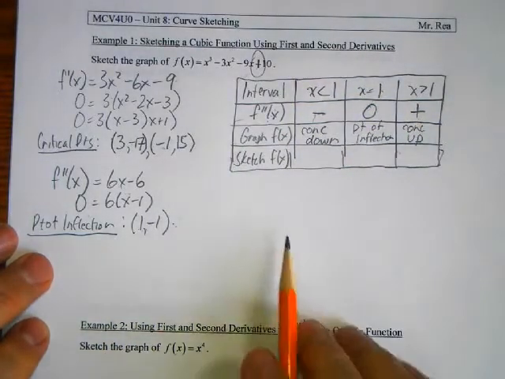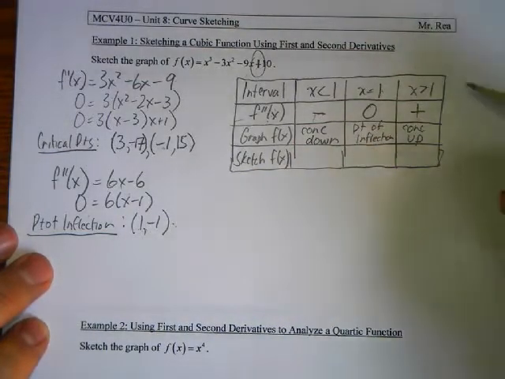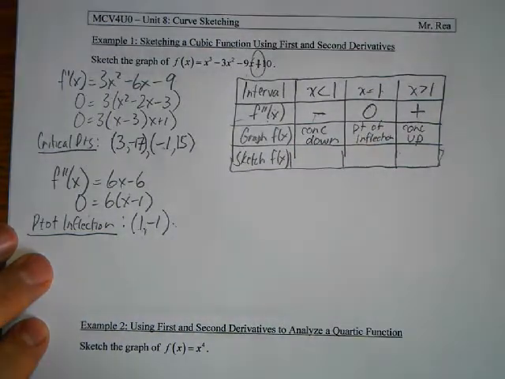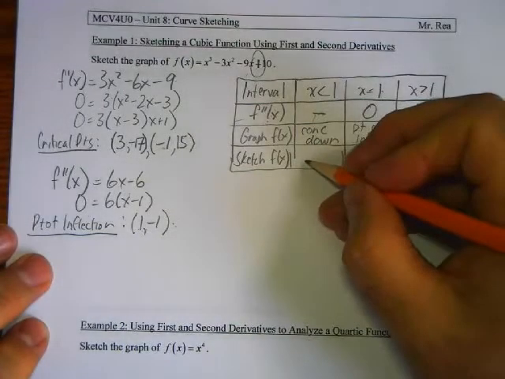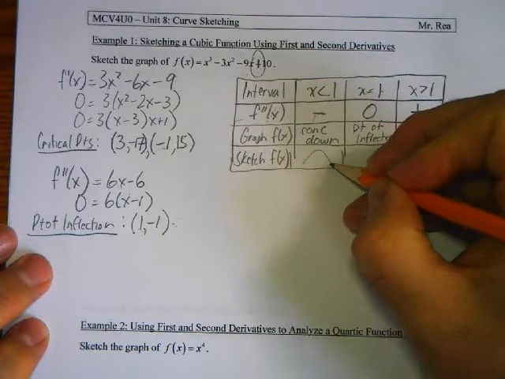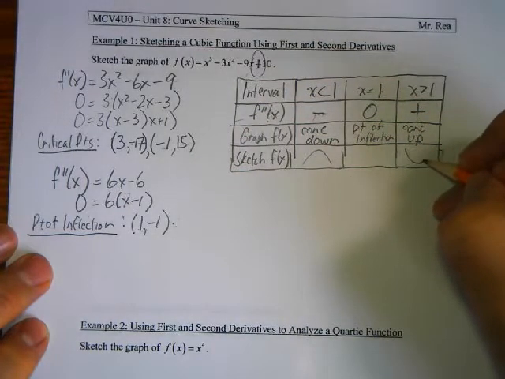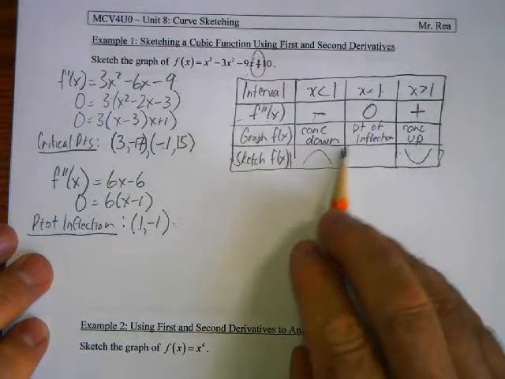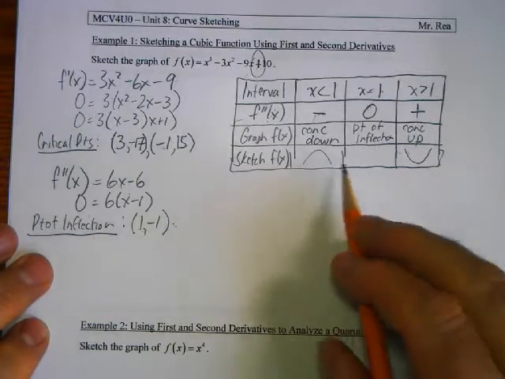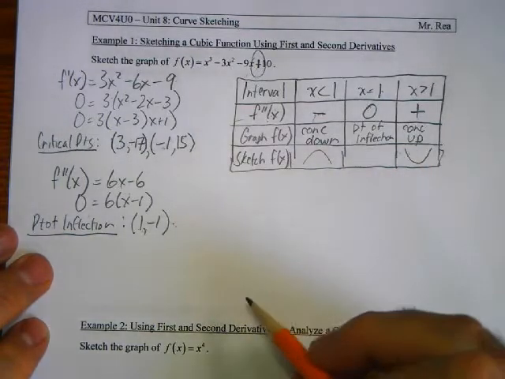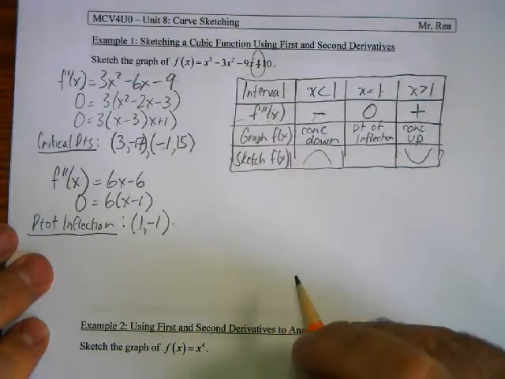Okay, so just remember from the original part, concave down looks like this. Concave up looks like this. Now, this point is between these two, so we can basically... where's my picture here?